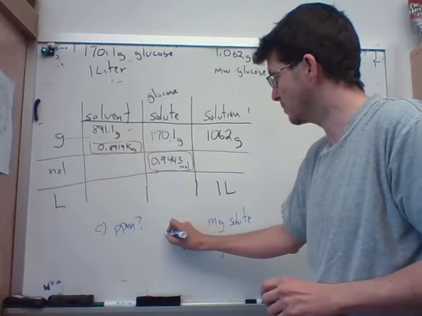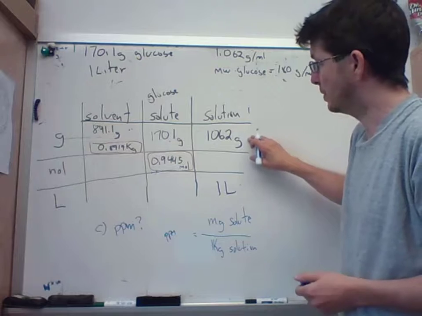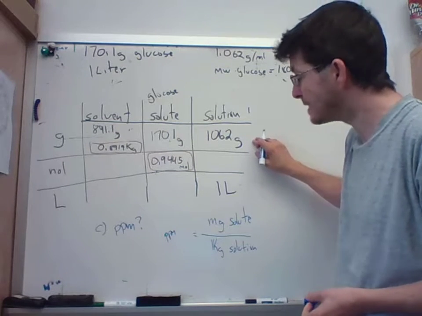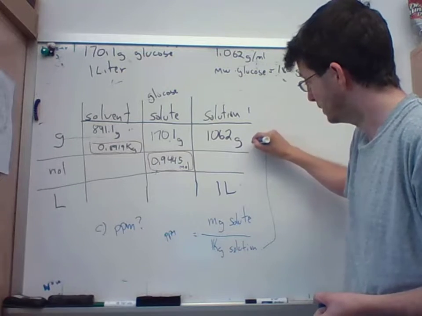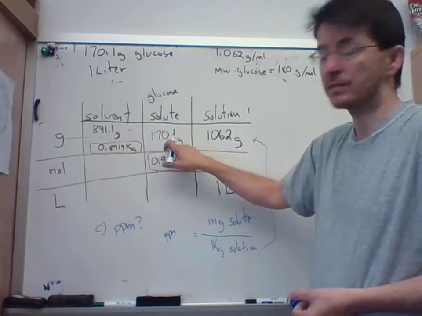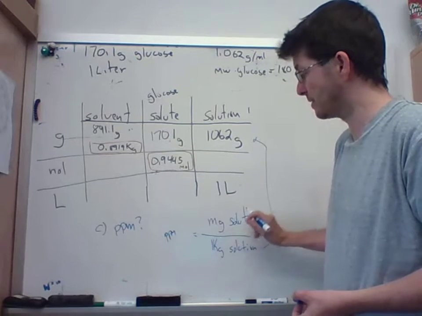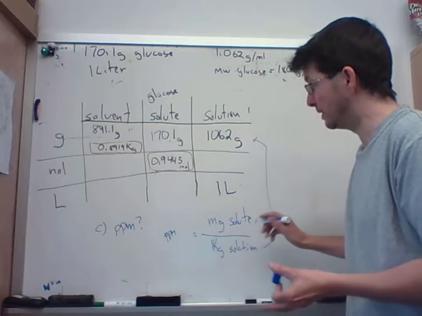That will be equal to parts per million. So here's a kilogram of solution. Here's our solution mass. So we need our solution, and we need our milligrams of solute. Well, luckily for us, we have grams of solute. So we already have mass of solute and mass of solution. So it should be relatively quick.